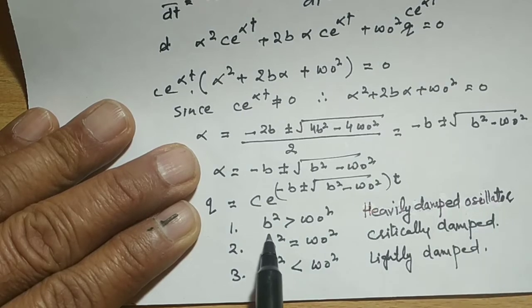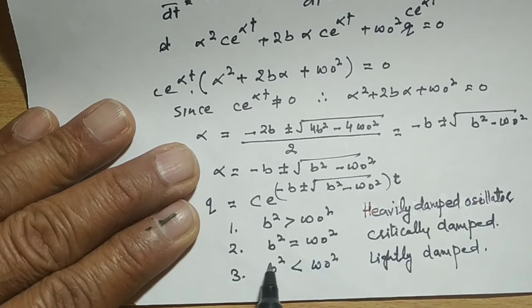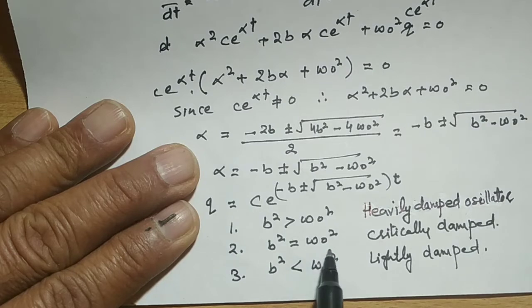The reason is that b is the damping factor, the damping property is hidden here. The second case is b square equal to omega naught square. Such a case is called critically damped oscillator.